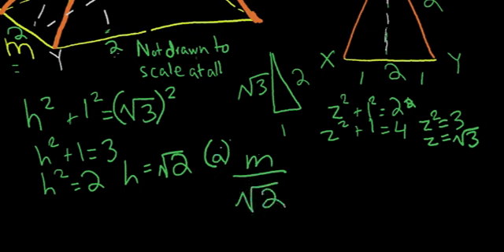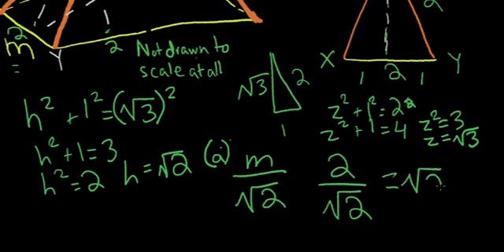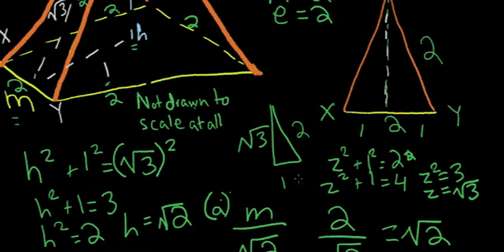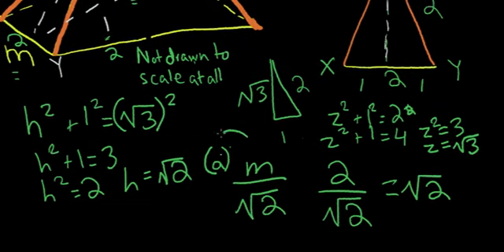So what is m? M is 2, if you recall. So 2 divided by the square root of 2 is equal to square root of 2. And to make sure, square root of 2 times square root of 2 is 2. So is square root of 2 the height? Well, yes. So our correct answer is choice A.